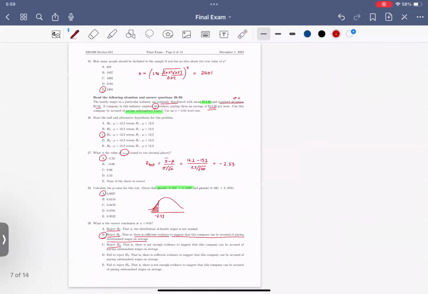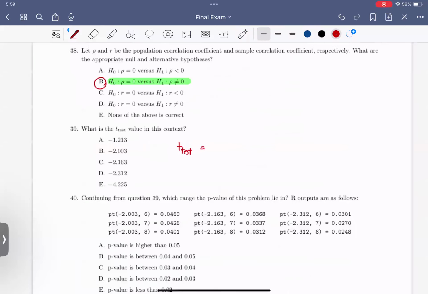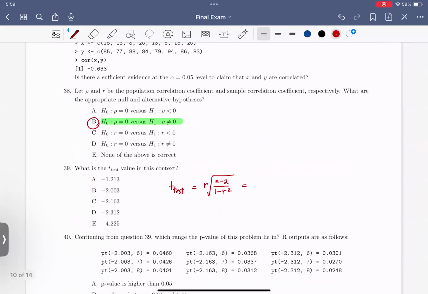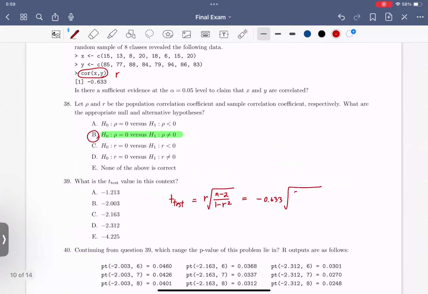So r here is going to be the correlation, cor of x y. This is the one that you use in programming to find that small r statistic. So you're going to have minus 0.633 and then square root of n, which is the sample size, 8, minus 2, and then over 1 minus r squared.